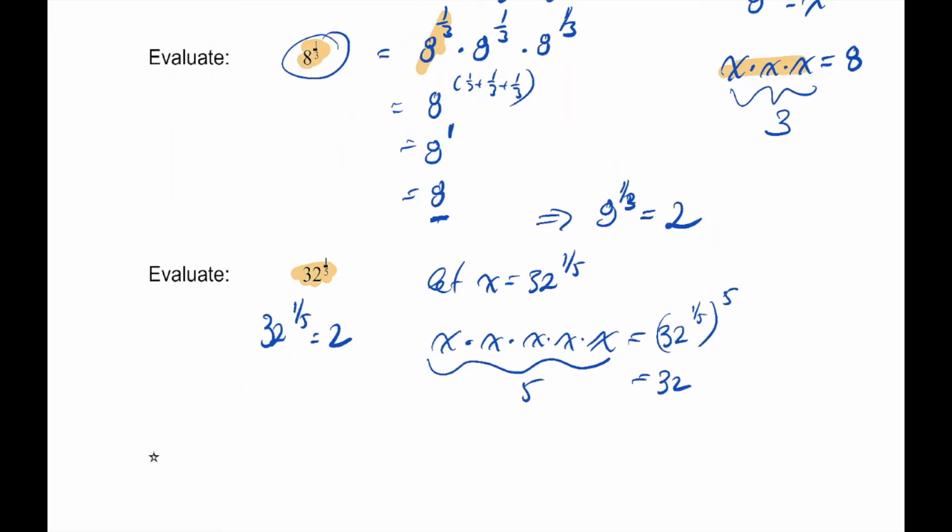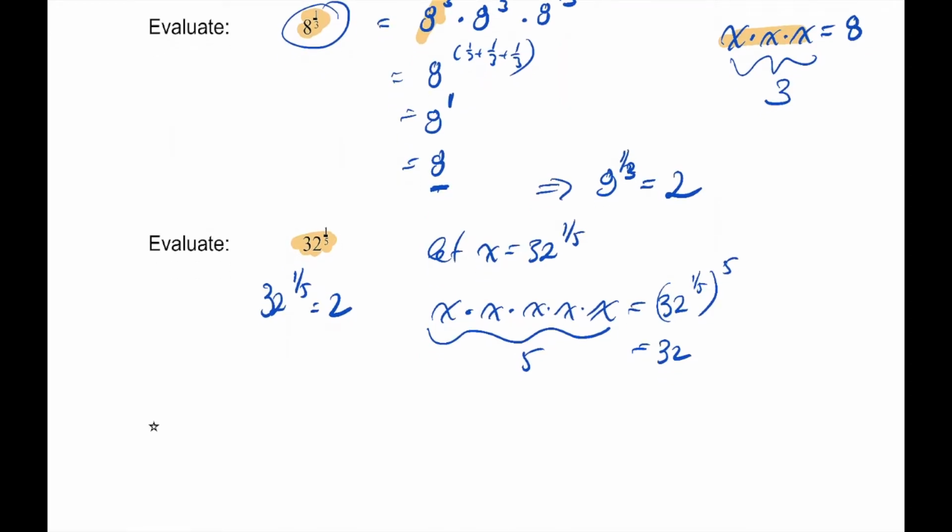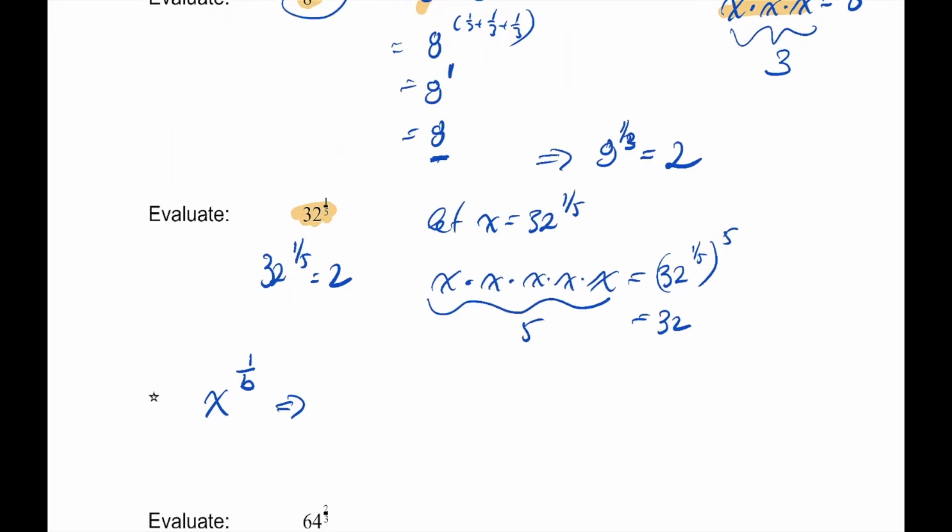So what can we say about this in general? If we have x to the power of 1 over b, this implies: what number multiplied by itself b times is going to give me the answer x?